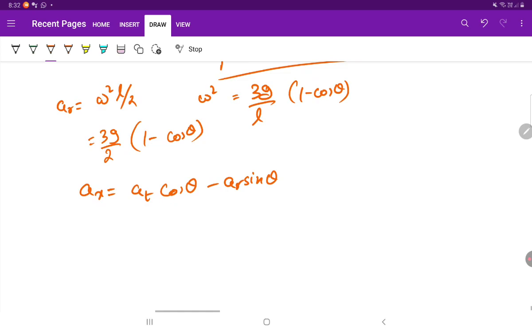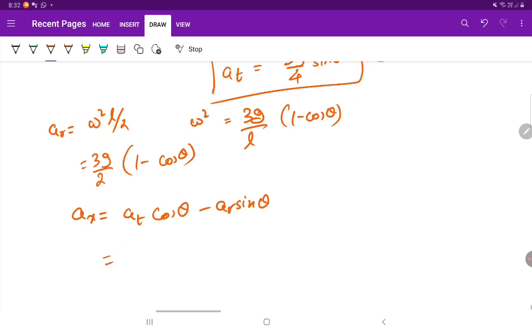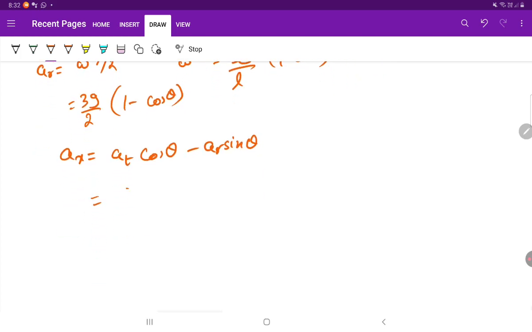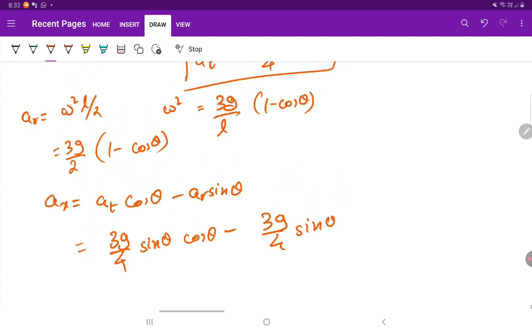Just simplify the equations. What is at cos theta? At cos theta will come out to be 3g by 4 sin theta cos theta. What is ar sin theta? 3g by 2 sin theta into 1 minus cos theta.